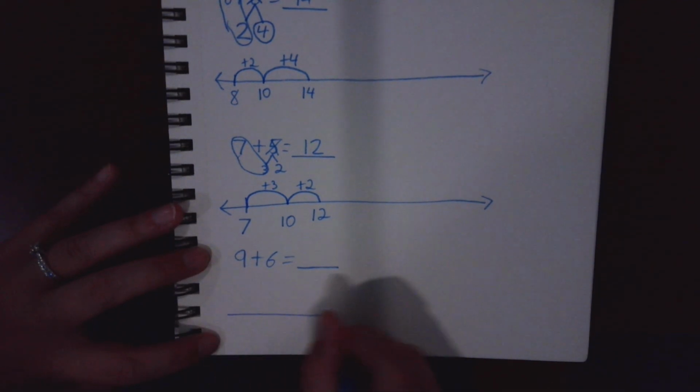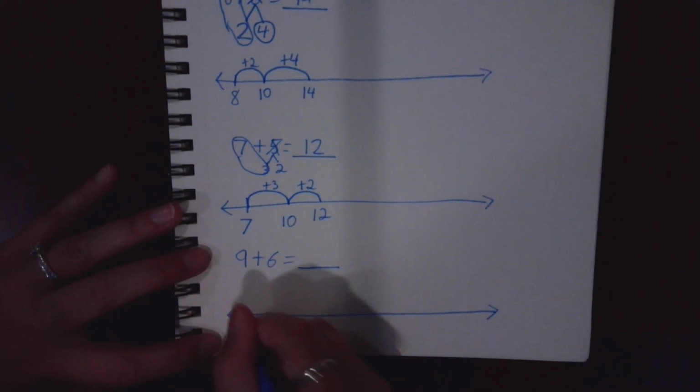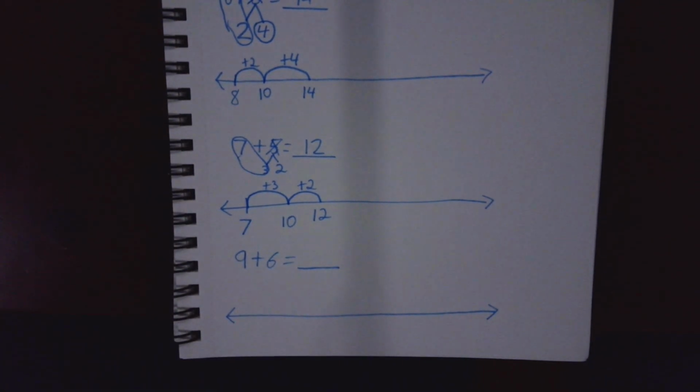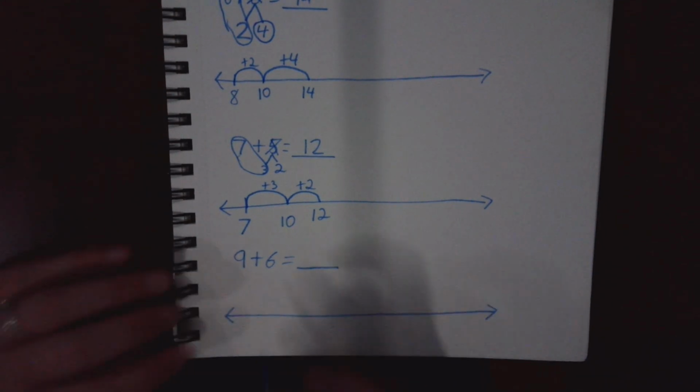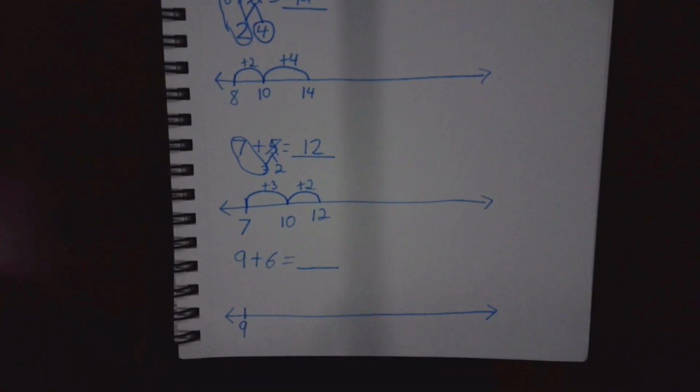Get your open number line here. Okay, now I'm going to ask you one more question before you pause it. What is the larger number? The larger number is 9, so you're going to start at 9. Okay, so pause this video and try this problem out.